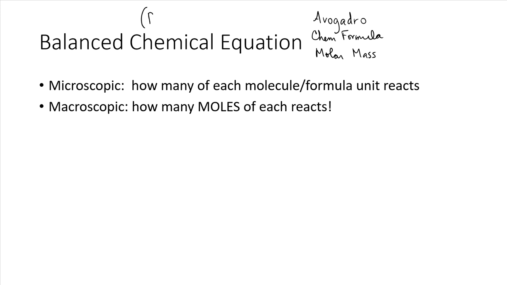And just in case I don't make this explicit, I almost always will abbreviate balanced chemical equation as the BCE, the balanced chemical equation. So let's give you a chemical equation. Here's one of my favorite ones.